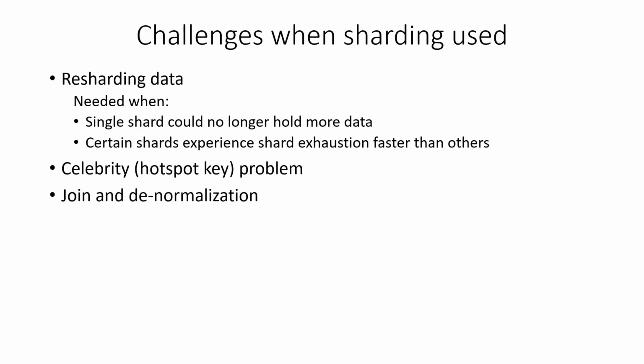Sharding is a great technique to scale the database, but it's far from a perfect solution. It introduces complexities and new challenges to the system. Resharding data. Resharding data is needed when a single shard could no longer hold more data due to rapid growth.